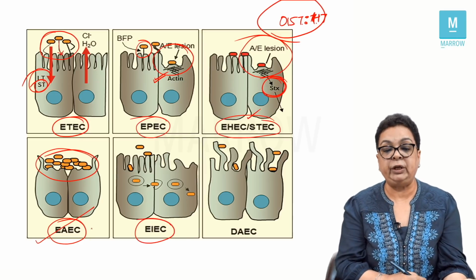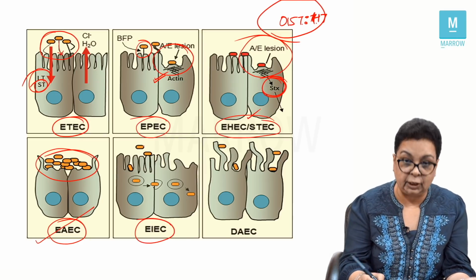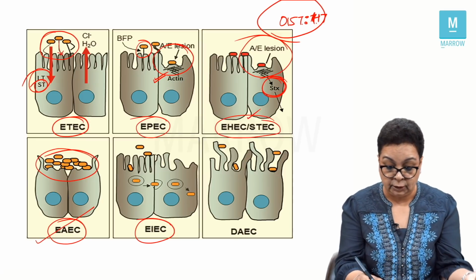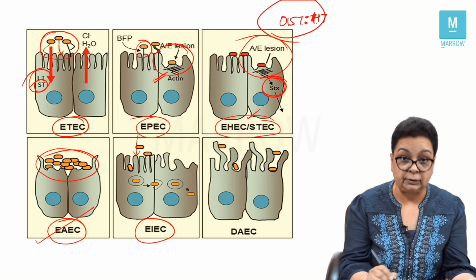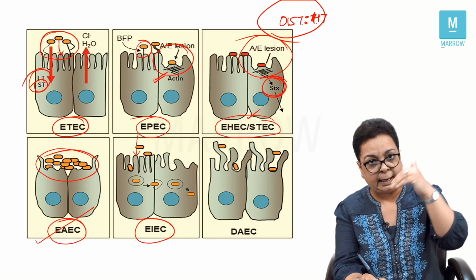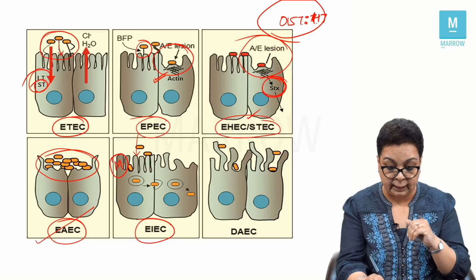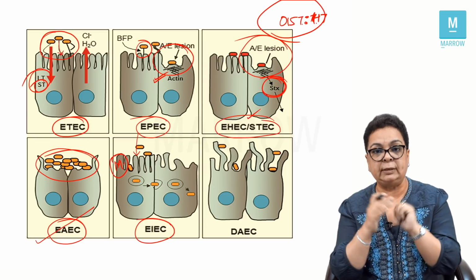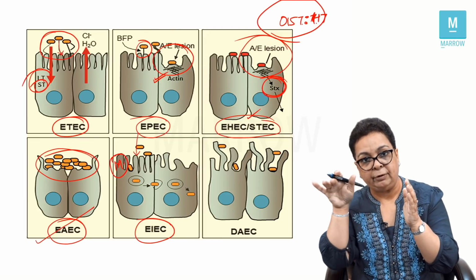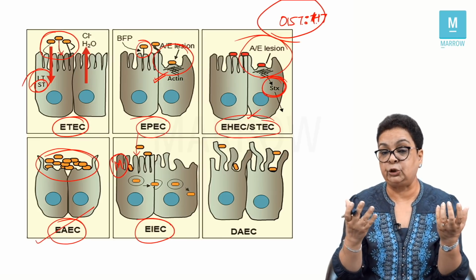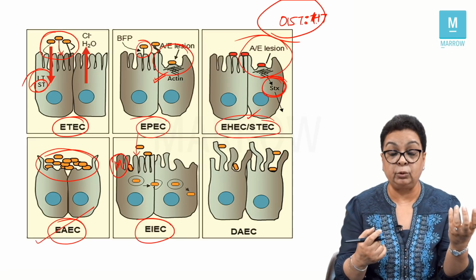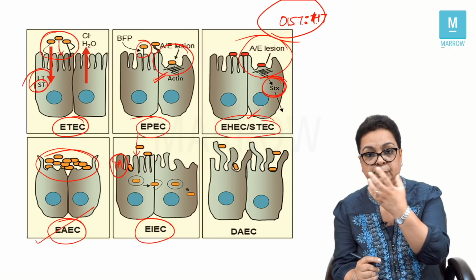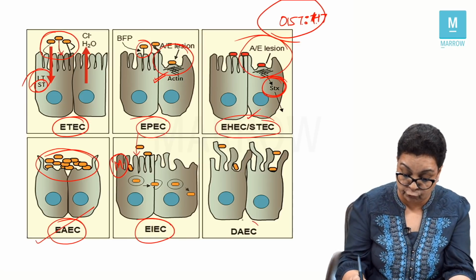Moving on to enteroinvasive E. coli, these are invading, so they cause disease similar to shigellosis. First of all, they are sampled by the microfold cells, and then they attach to the basolateral aspect of the mucosal cells, and then keep on entering by secreting special proteins called Ipa proteins, invasive plasmid antigens or virulence marker antigens.